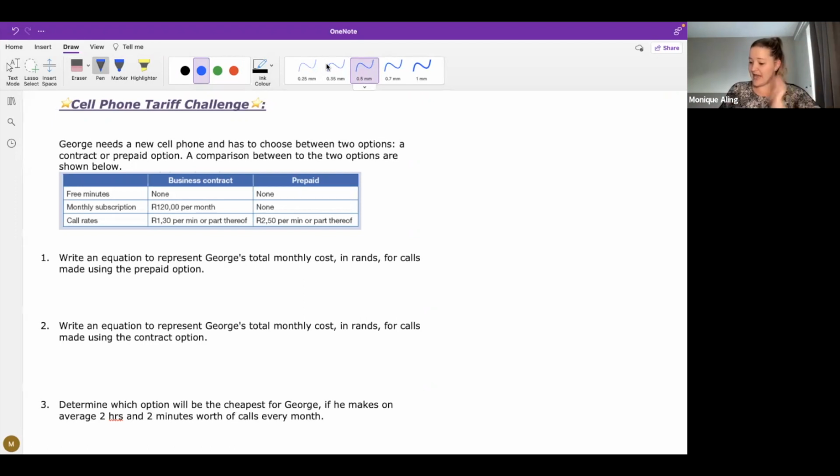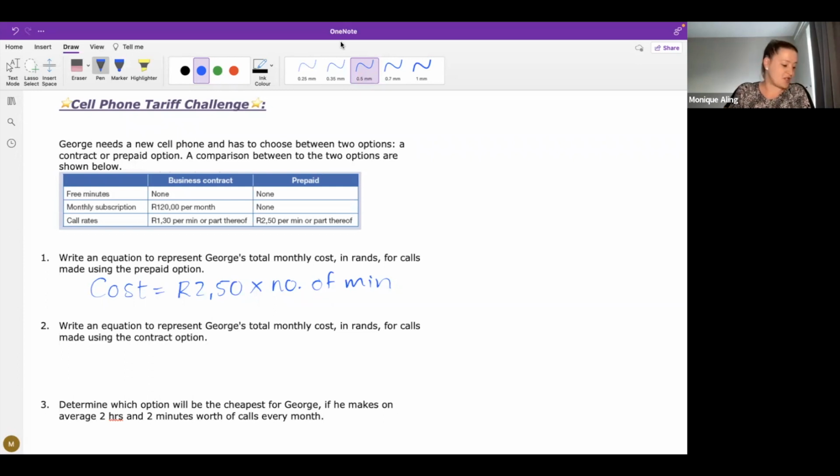We're looking at the total monthly cost for the prepaid option. There's no free minutes, there's no monthly subscription, it's just a call rate. It is R2.50 times the number of minutes, because it's R2.50 for every minute. Well done.